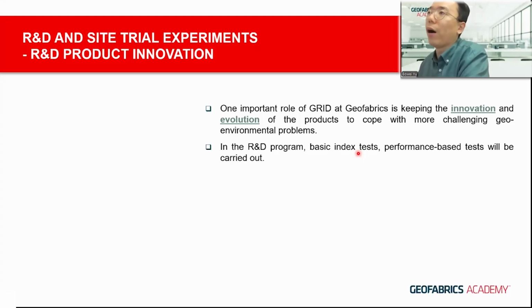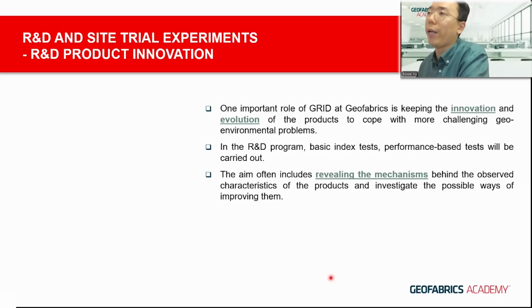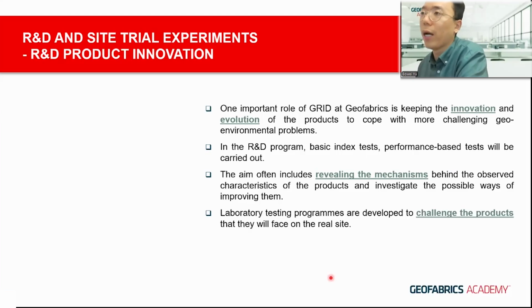And therefore, in the R&D program, not just the basic index tests, but also performance-based tests will be carried out. And the aim will include revealing the mechanism behind the observed characteristics of the products and investigating the possibility of improving that. And the laboratory testing programs are developed to challenge the products the way they will actually face in the real site.